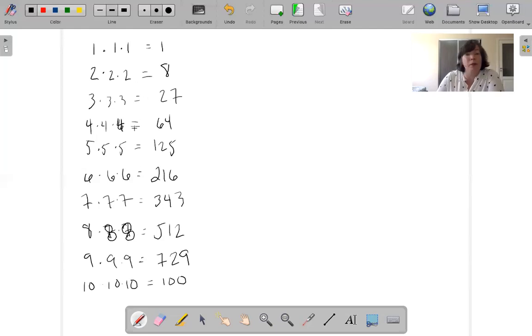It's not just for my class. When you get on to algebra next year, you're going to need to know cube roots. When you move on to other maths, you need to know cube roots.